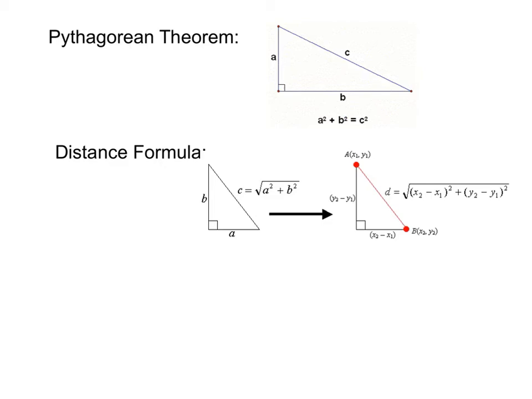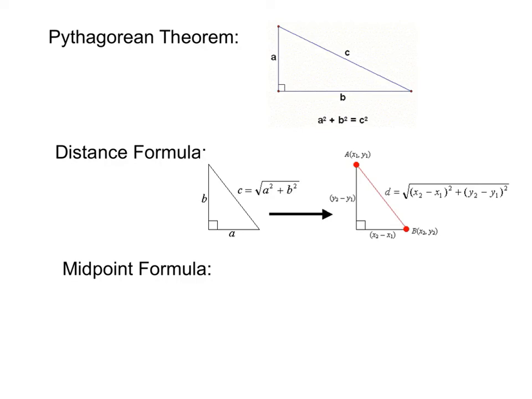If you move over to the right there, you'll see points A and B. The coordinates of point A are (x1, y1). The coordinates of point B are (x2, y2). And basically, you end up having a right triangle with the two legs, x2 minus x1 and y2 minus y1, and the hypotenuse, in this case we refer to it as d, is simply the square root of the sum of the squares of the other two sides.